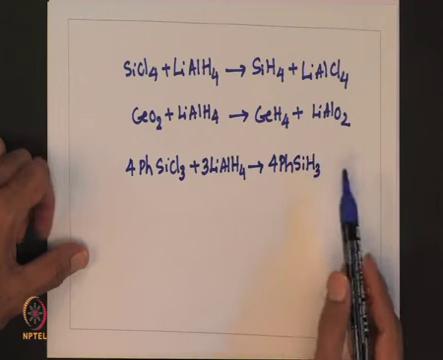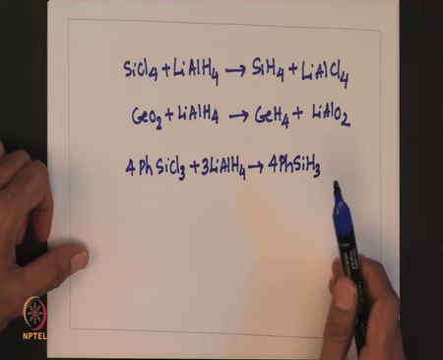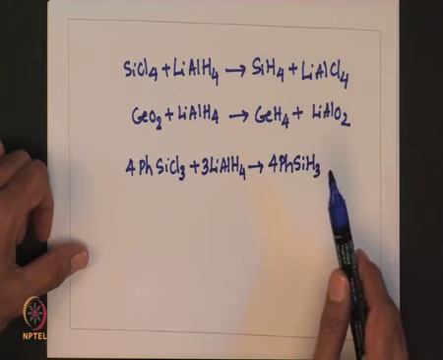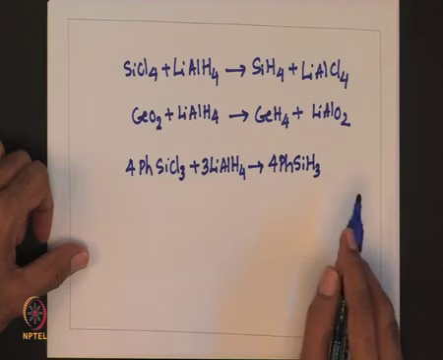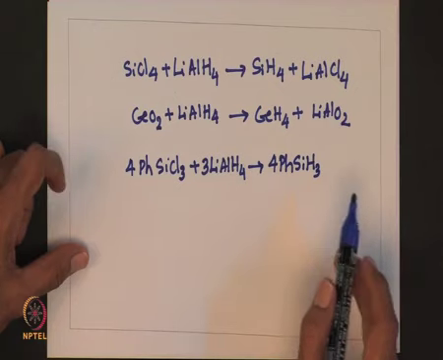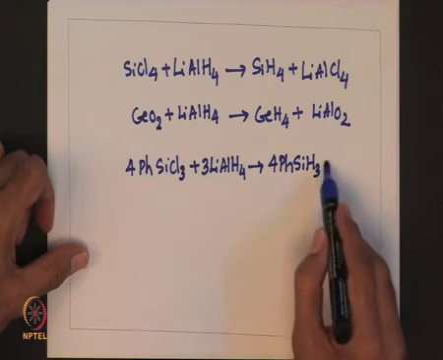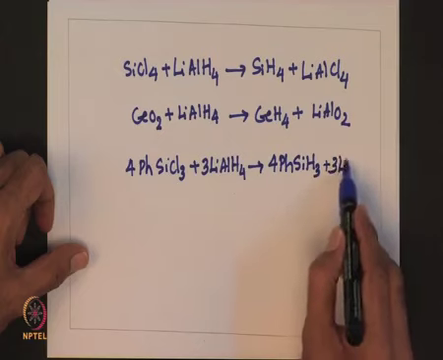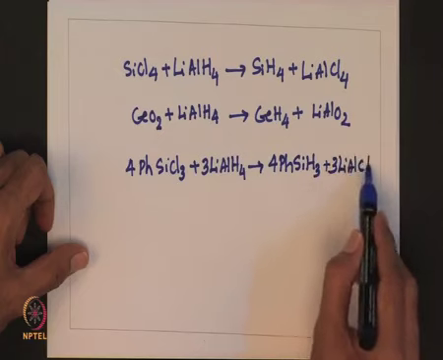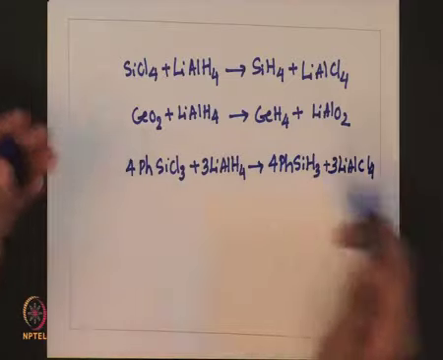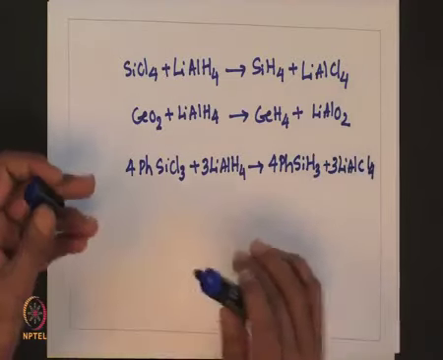There is no need to call it phenyl trihydrosilane. Simply if you call it phenylsilane, that means we are referring to PhSiH3 plus 3 LiAlCl4. So in this fashion one can generate different kinds of homoleptic silanes as well as those containing some organic moieties.